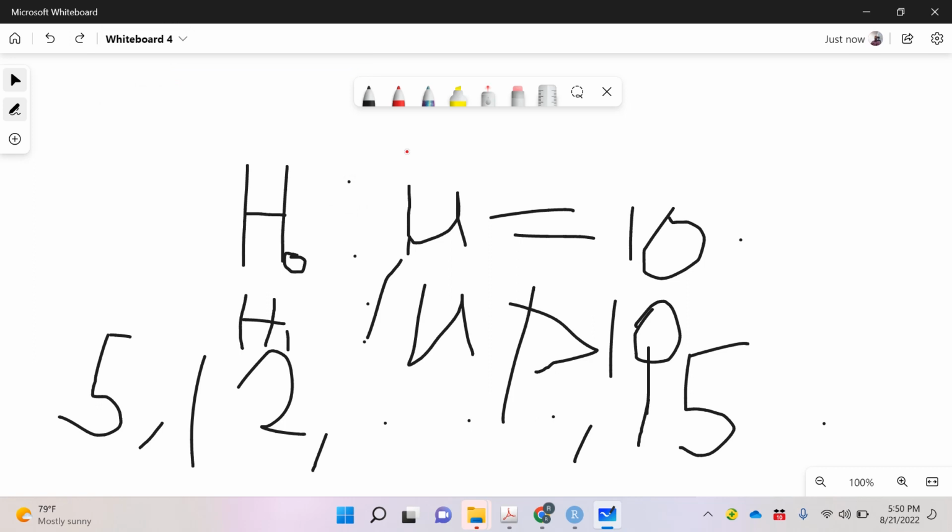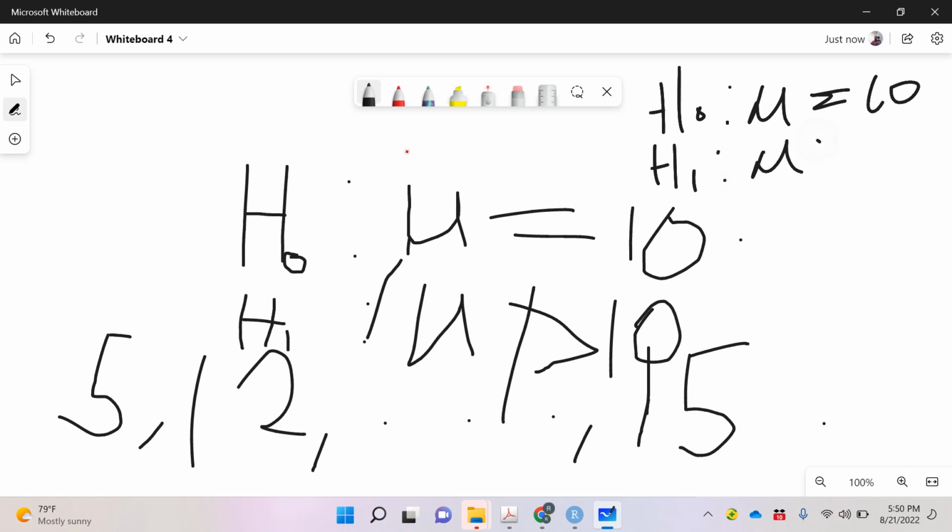Okay, so let me say if I have the alternative, I have this null to be mu equal to 10. So there are 3 things that I can do: mu not equal to 10. Alternatively, we can check mu greater than 10, and then what? Mu less than 10.